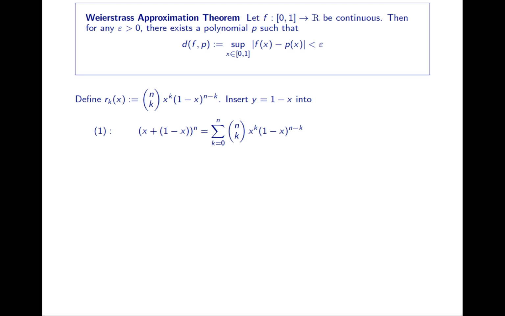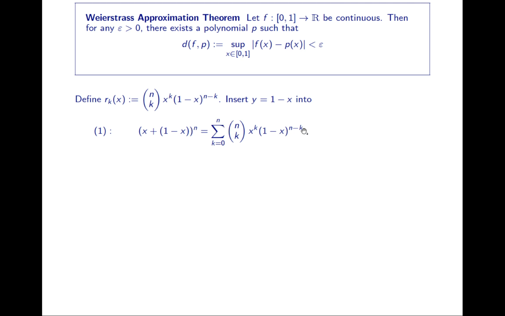Now we're going to define this r_k polynomial to be equal to this. And what does this have to do with anything? Well, it'll come up. Let's insert y equals 1 minus x into expression 1. If we insert it into expression 1, replacing y with 1 minus x, we get this.